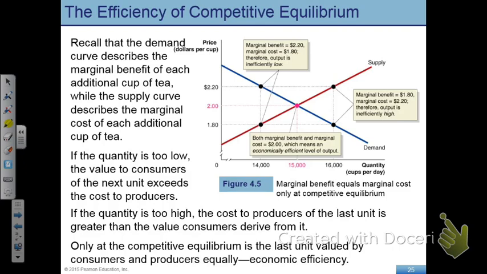We see that at that $2 price, the output that is being produced and the output that is being bought is 15,000. This is an arbitrary market. Please don't worry about the quantities. The measurement of the quantities is irrelevant. So you have an equilibrium quantity of 15,000. You have an equilibrium price of $2.